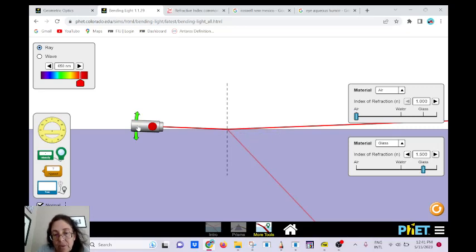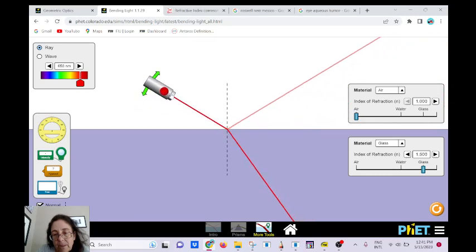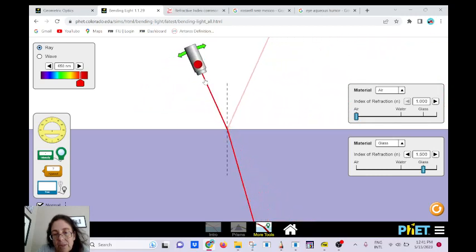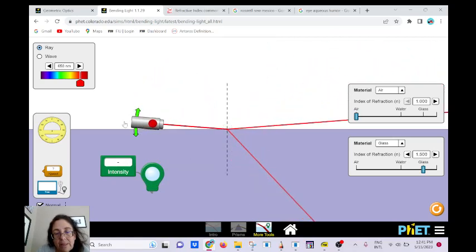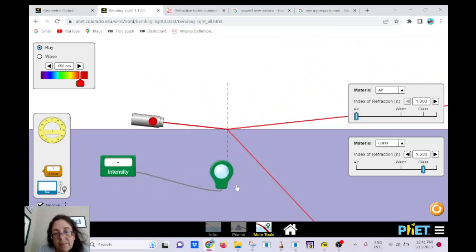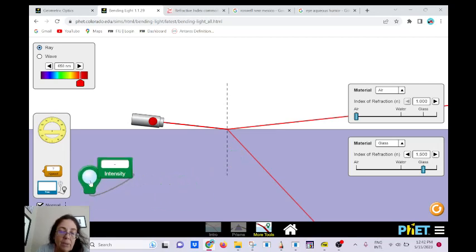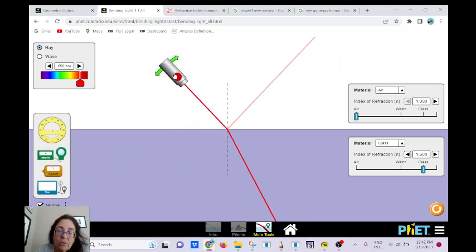The only thing that will change is, when the angle is small, I'm going to get large intensity of light here. And when you increase the angle of incidence, you're going to have less intensity here and more there because it has to add up to 100%. But if you imagine that light wants to escape, it can always escape.